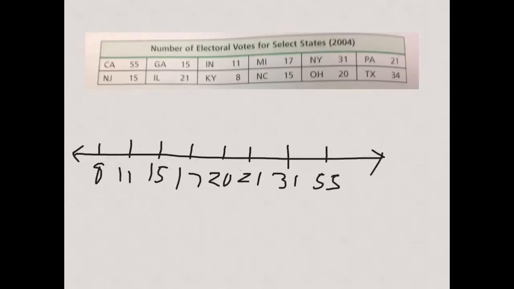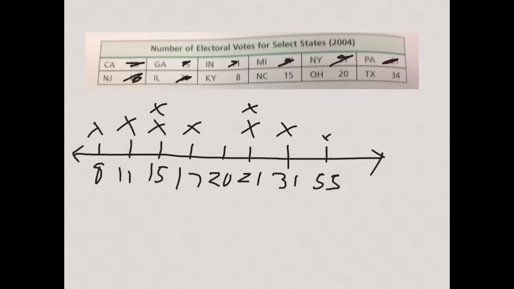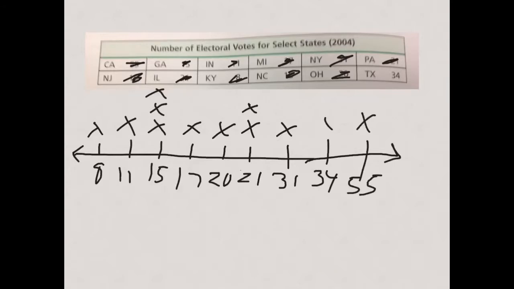I do want to put them in numerical order. So let's see, 55 happens once, 15 once, 11, and you're going to do the same thing as last time. Again, 8 once, 15 a third time, 20, and actually I'm missing one right here, so let's fix this. 34 and 55. 55 only happened once, so good thing I remember that.